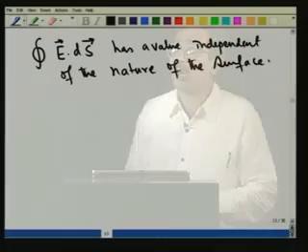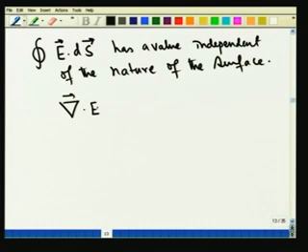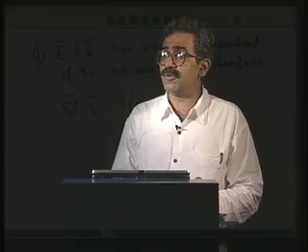It depends only on how much charge it encloses. What I shall do in the next lecture is to use this fact to state Coulomb law in a differential form, namely divergence E equal to rho by epsilon naught, and that is what allows us to solve many problems.